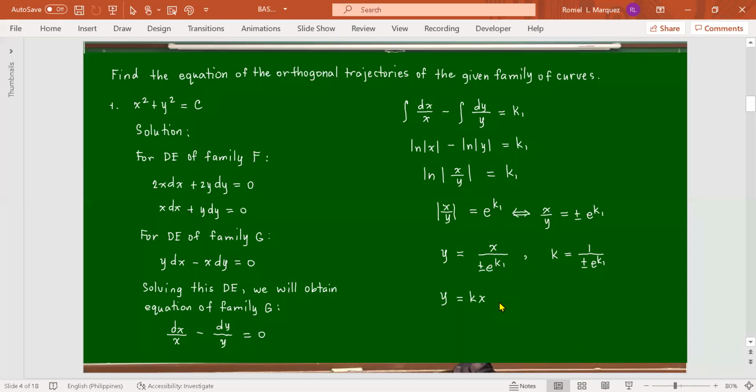So this is the equation of the family of curves that we are looking for, family G, the unknown family. By the way, this y equals kx is a family of straight lines passing through the origin with slope k.